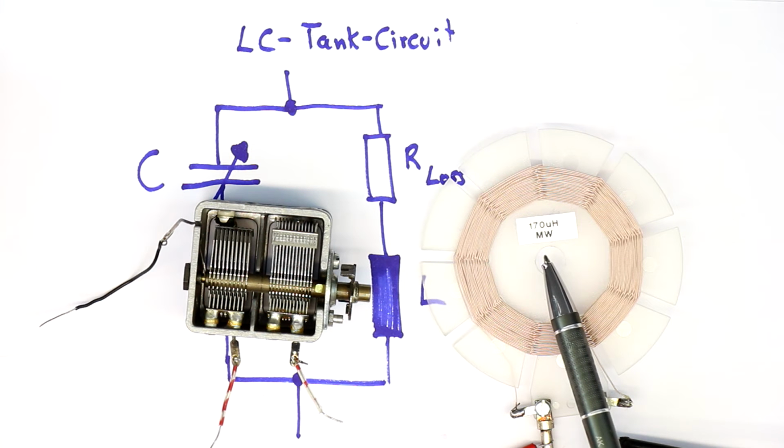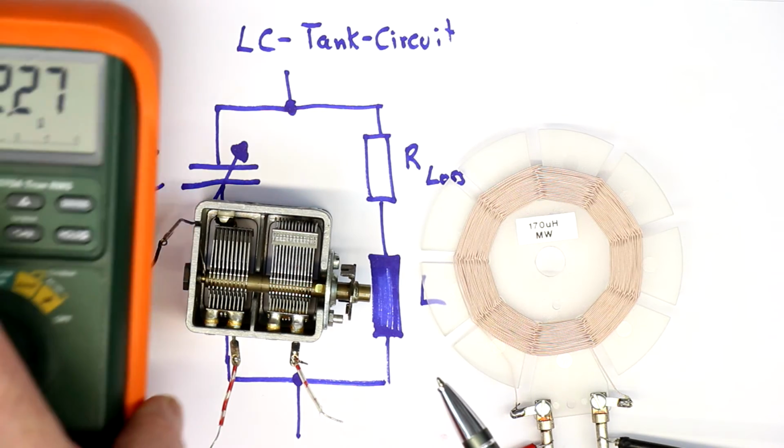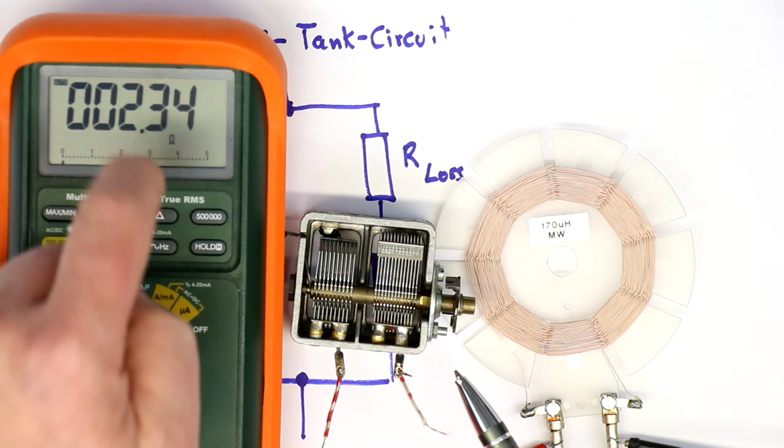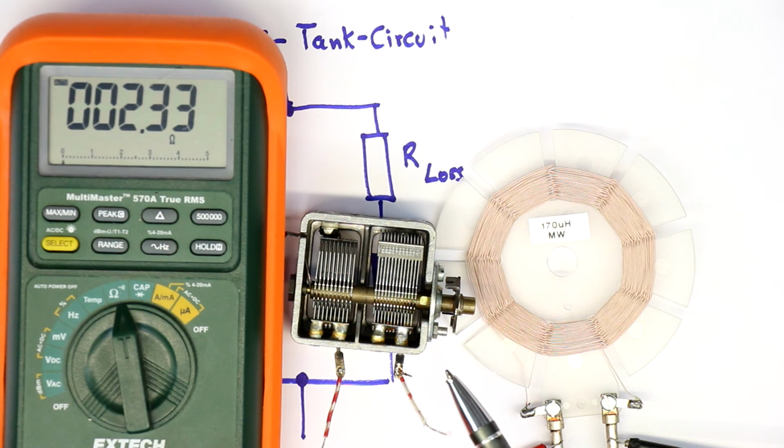And we expect a Q factor in simulation of something around 100, because that's what the real coil really has. And we'll see if the 2.3 ohms ohmic resistance are responsible for a Q factor of 100 with this special coil.